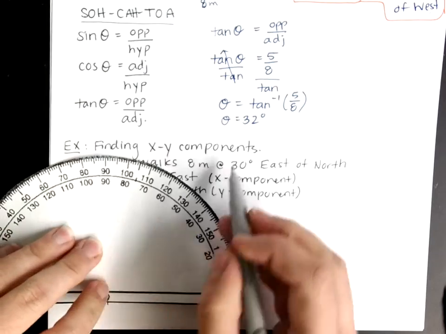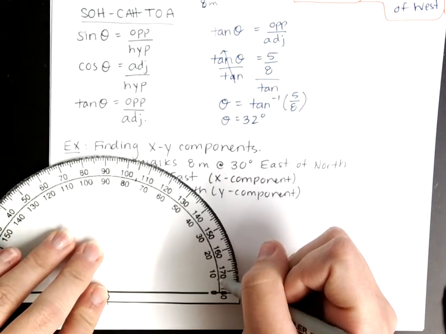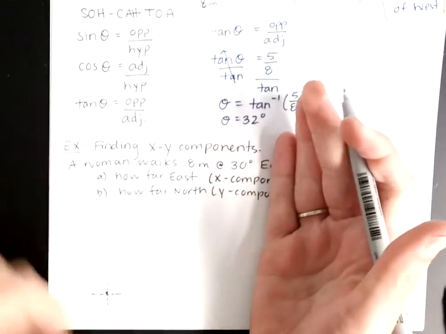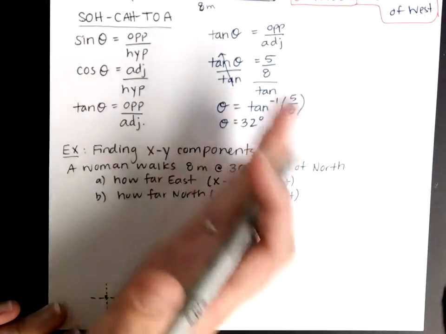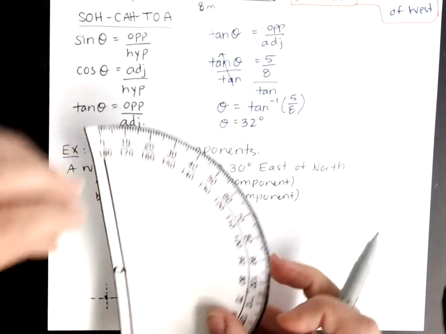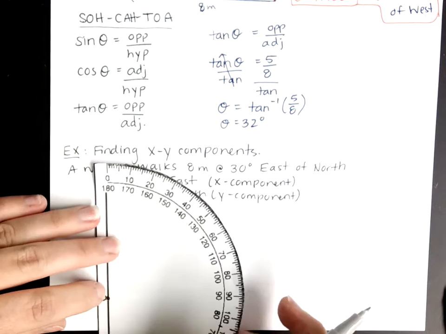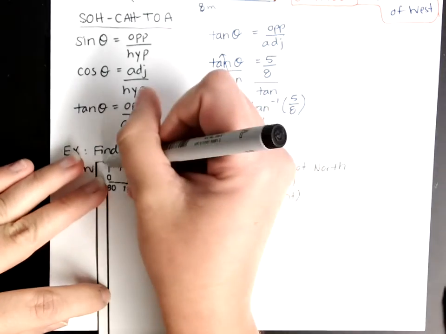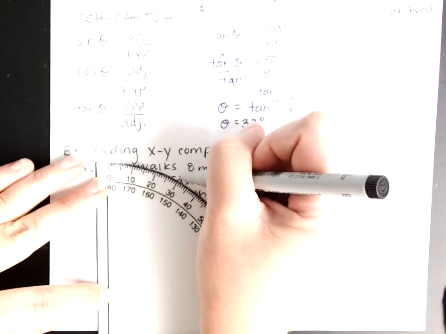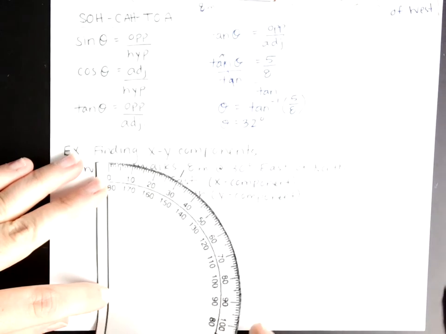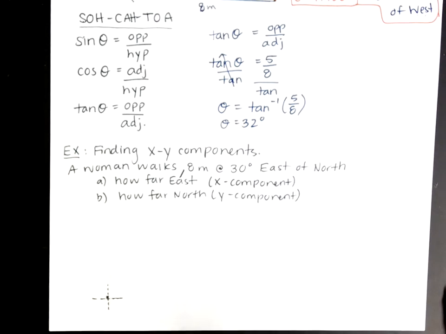Okay, we want to be 30 degrees east of north, so we're starting out going north and then we're going east of it. So actually we want to be this way. And then 30 degrees this way is going to end somewhere about here. And I'm going to connect the two, and I want it to be 8 centimeters long.